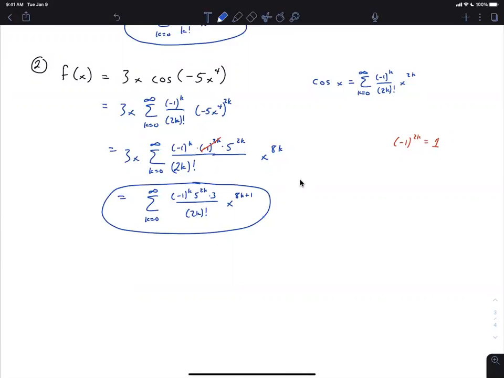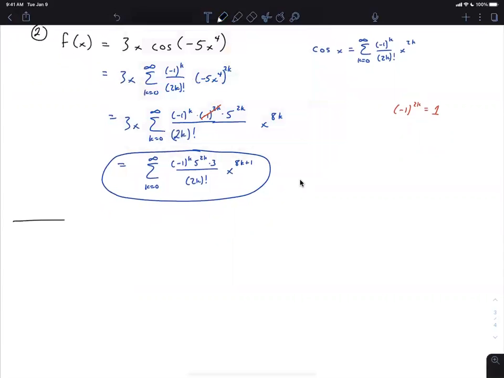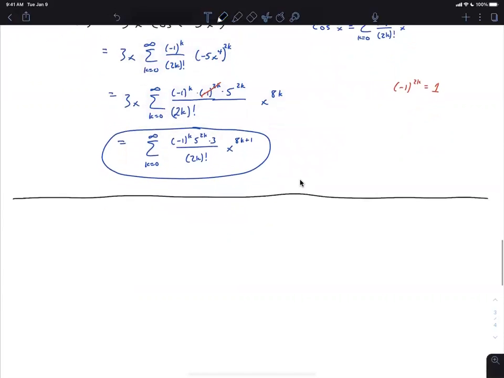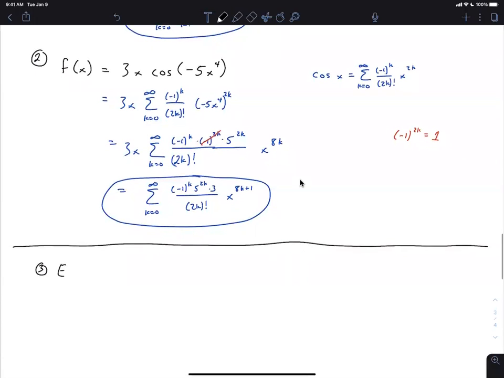Okay, so that gives us a way to do some antiderivatives that we've not been able to do before. Actually, I do have one question. Sure. What's your question? Why do you keep the negative 1 to the k and the 5 to the 2k separate when you can multiply it and get negative 5 to the 3k?